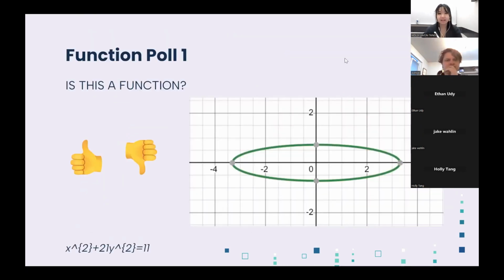So really quickly, if your camera's on, give me a thumbs up, or otherwise you can use reactions. Is this a function? Got one no. We got a circle no. Awesome. Great. Yeah, it's not a function because there's multiple points where they touch. Right.